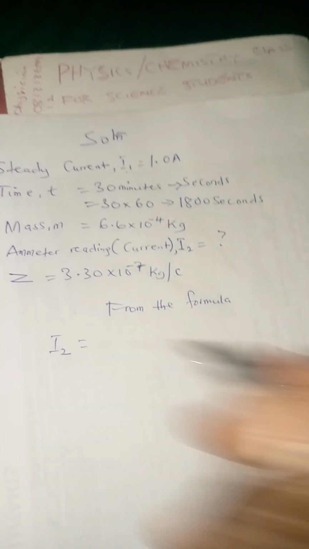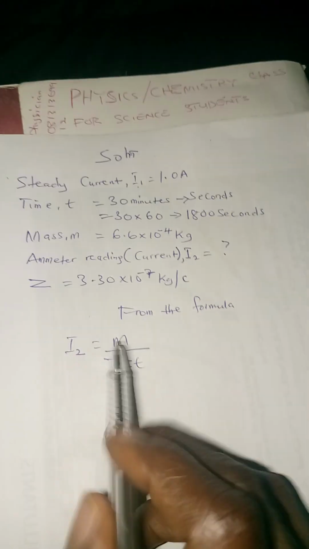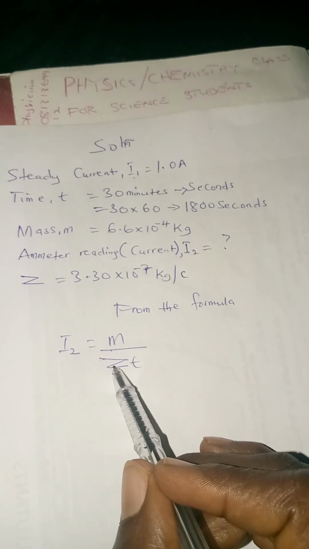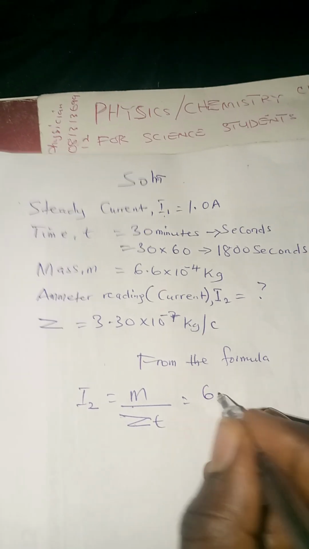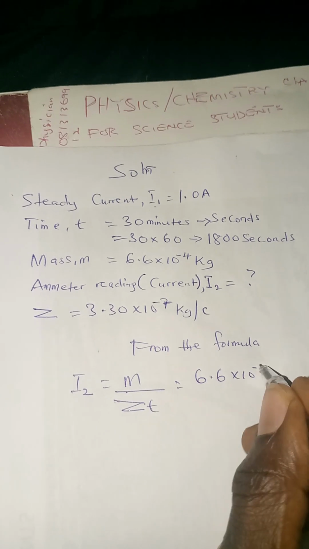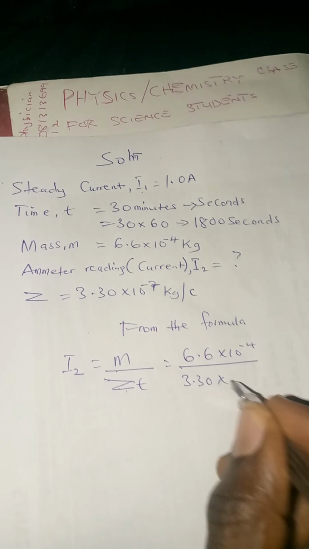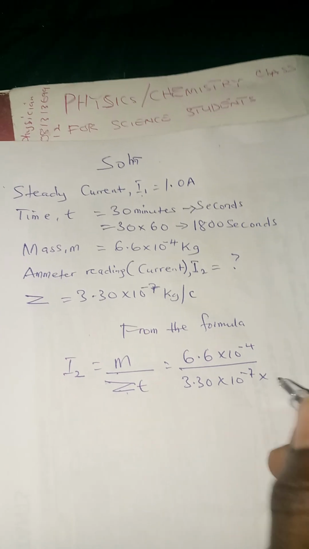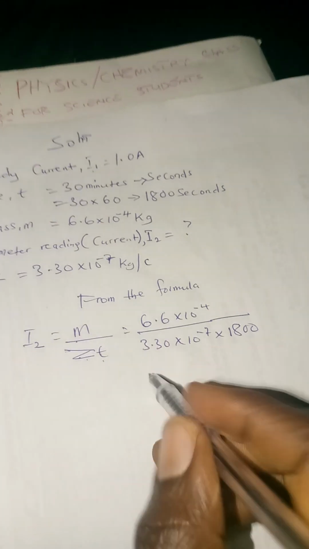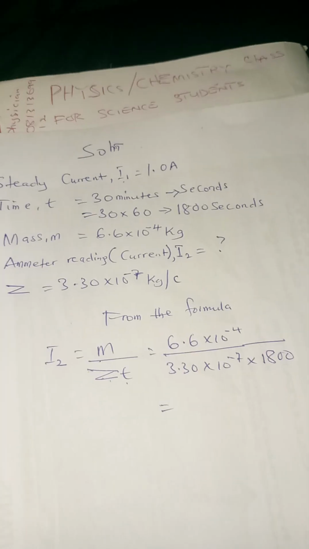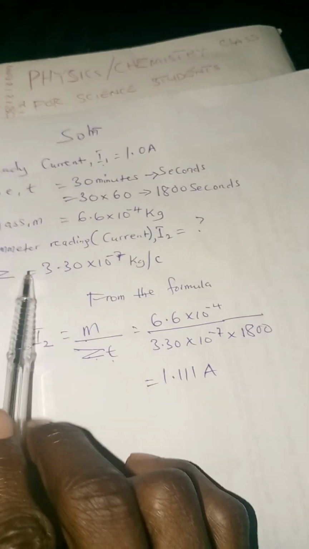So current 2 equals mass over Z times T, which is mass divided by the electrochemical equivalent of copper times time. The mass was 6.6 times 10 raised to minus 4, over the electrochemical equivalent, 3.30 times 10 raised to minus 7, times your time, which is 1,800. With your calculator, you arrive at the answer of 1.111 ampere. This is your ammeter reading.